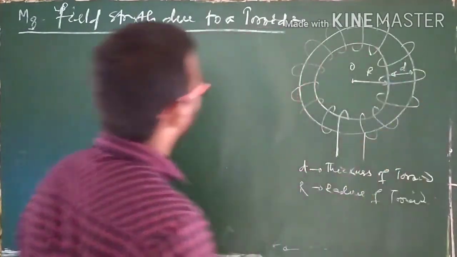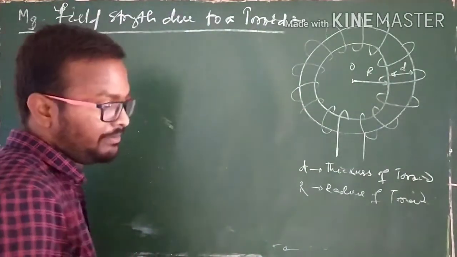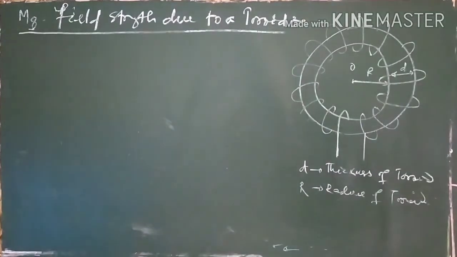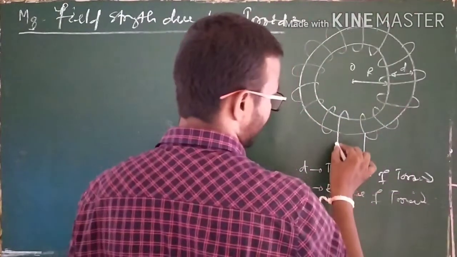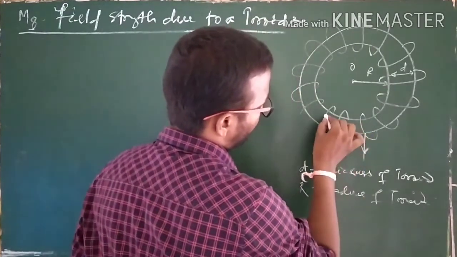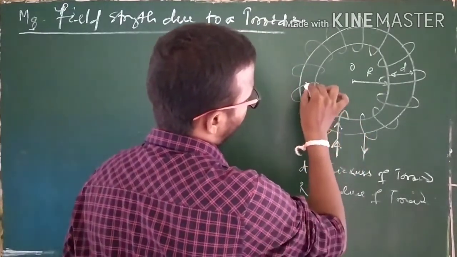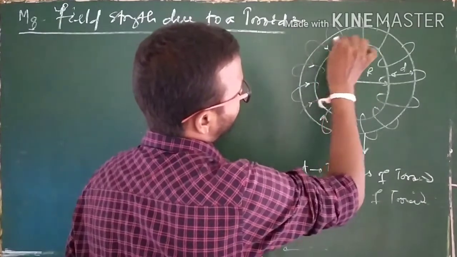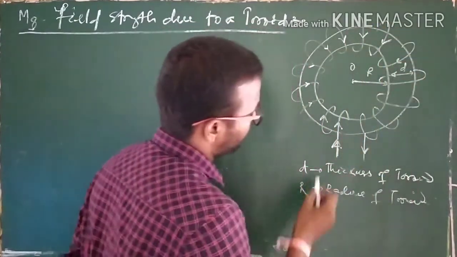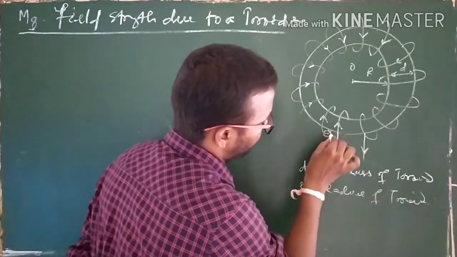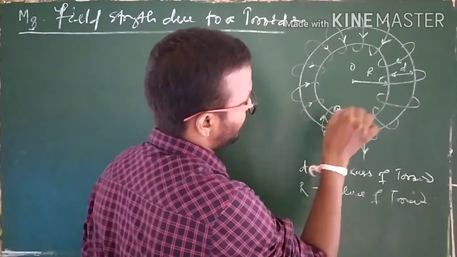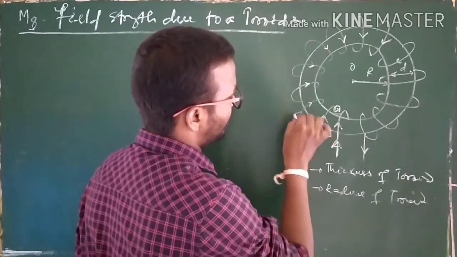then the final diagram will be like this. Suppose this is the direction of current I, in this way. Clear? Okay. That means at this point the current is coming outward, at this point the current is inward, and this is an outward point.